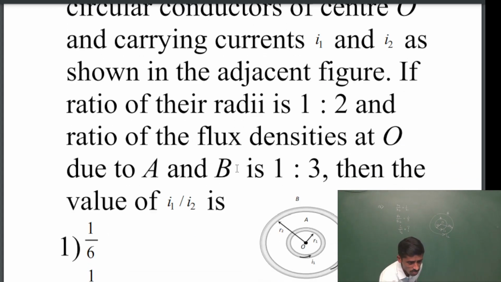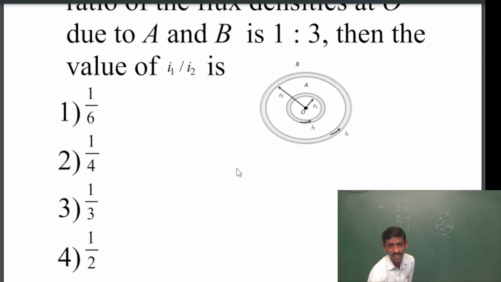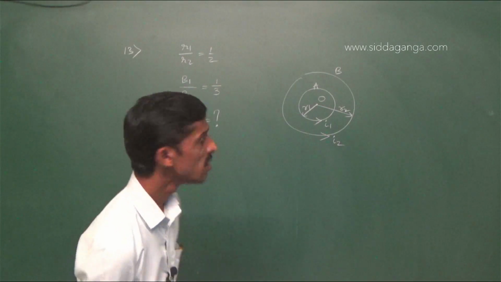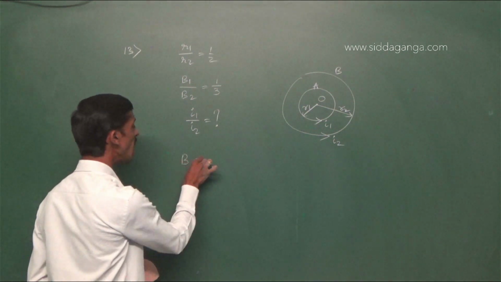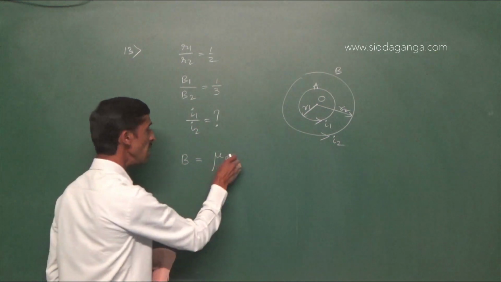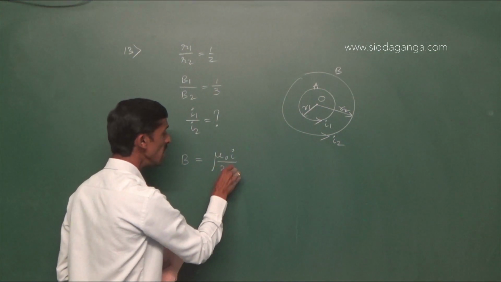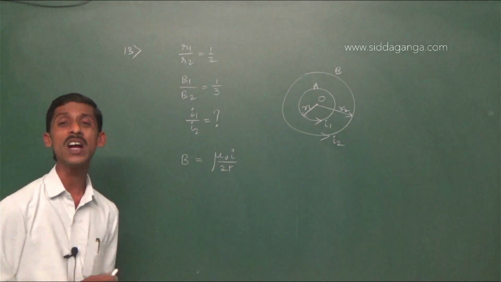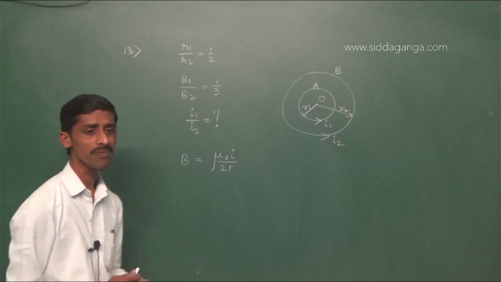In two concentric circles, the given point is the common center. The magnetic field at a point due to a circular coil is mu naught I by 2r. If you take a loop, mu naught I by 2r.